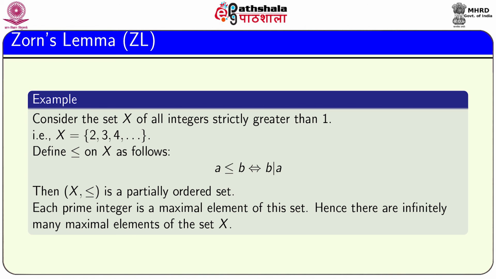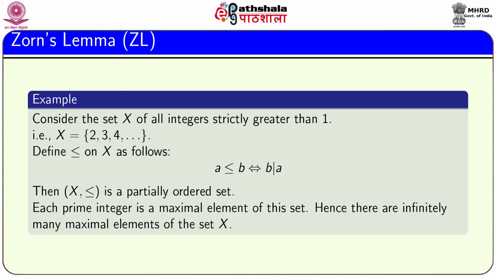In this example, we consider the set X of all integers strictly greater than 1. That is, we take the set X as a set consisting of the numbers 2, 3, 4, etc. Define an order on X by a less than or equal to b if and only if b divides a.